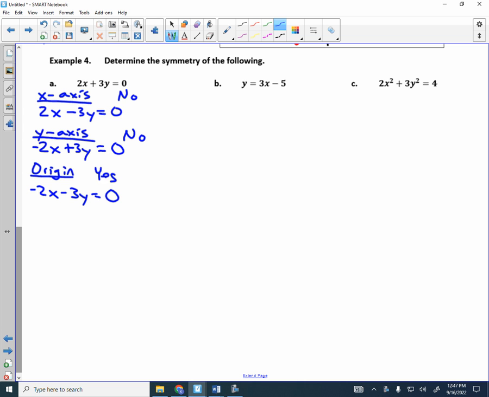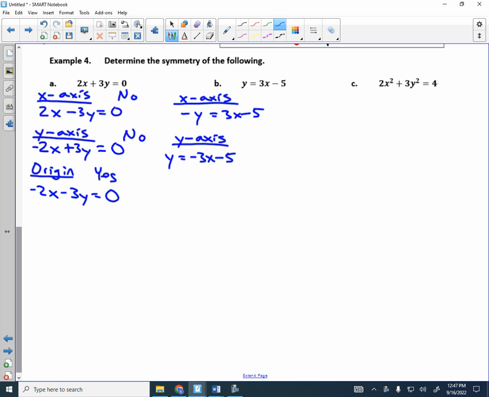Now, somebody asked, will it always be one of them? No. Watch what happens here. If we test the x-axis, what do we plug in? A negative y is equal to 3x minus 5. Is that the same? No. Let's try the y-axis. Y equals a negative 3x minus 5. Is that the same?